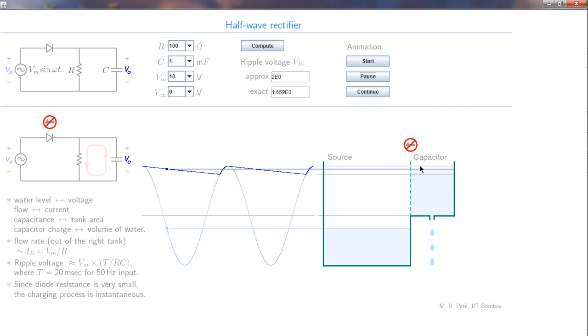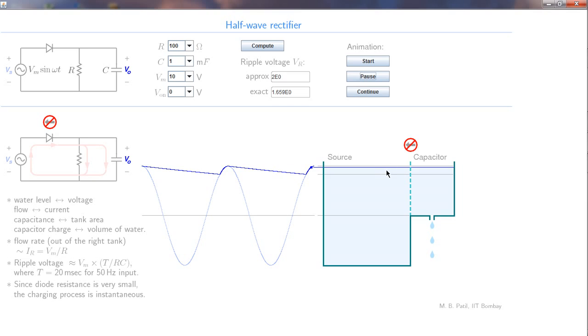And let's just watch it once again. So as we see, this process is going on continuously, and whatever water is lost from the capacitor tank has to be replenished from the source in a very short time, because it's only a short time that the water level in the source is higher than the capacitor level.